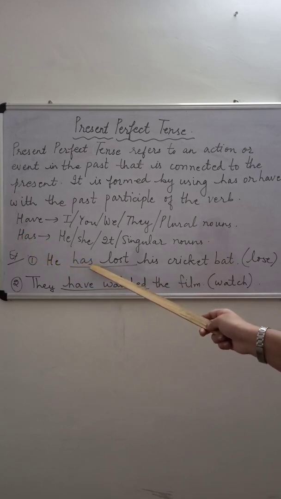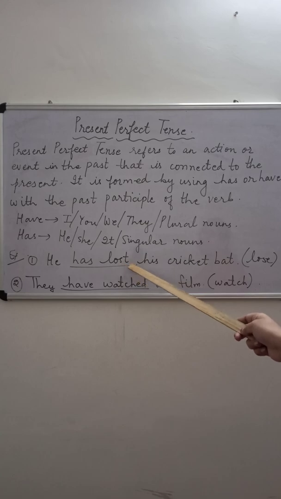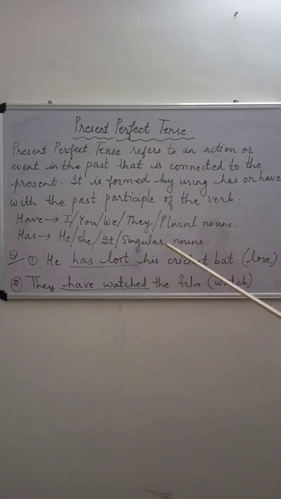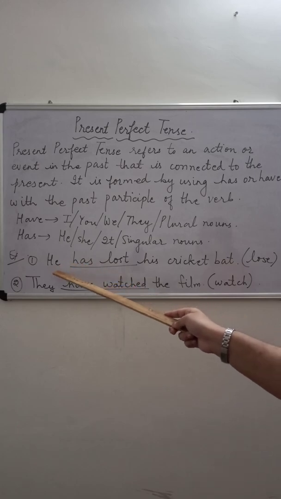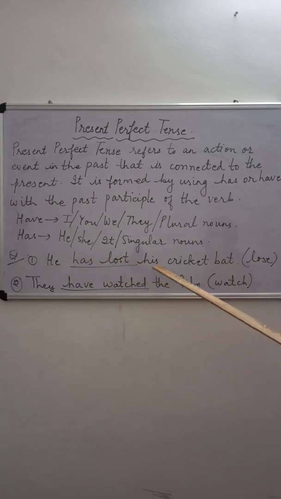So first we will write has plus the past participle form of the verb. What is the past participle form of the verb lose? Lose becomes lost. So in the present perfect tense we write lose as has lost. So the sentence becomes he has lost his cricket bat.